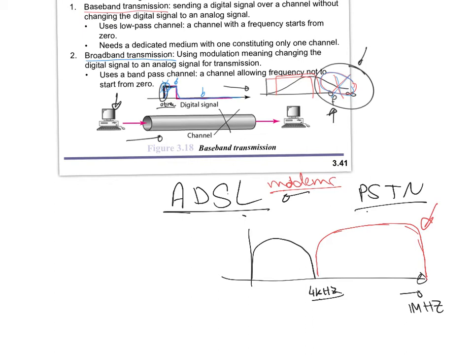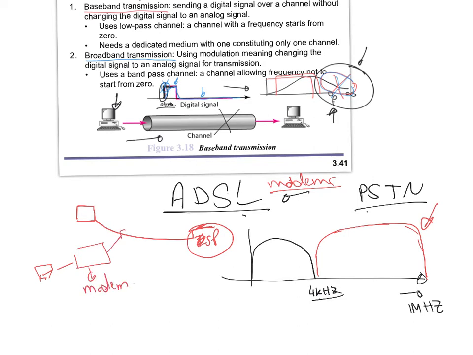Is that clear, guys? So in other words, we have our telephone lines. Our telephone lines connect to the service provider. So let's have our own computers. We connect with a modem.